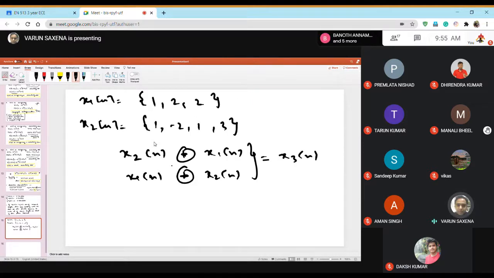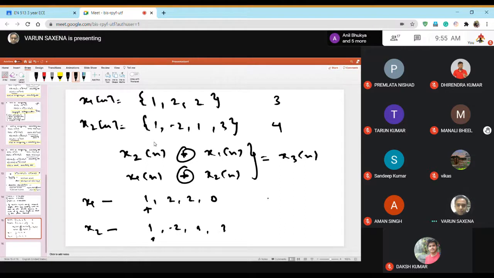Then what you will do is that x1 has a length 3 right now, and x2 has a length 4 right now. So you will zero pad one 0 in x1, so that now x1 is 1, 2, 2, 0, and your x2 is 1, -2, 1, 3.